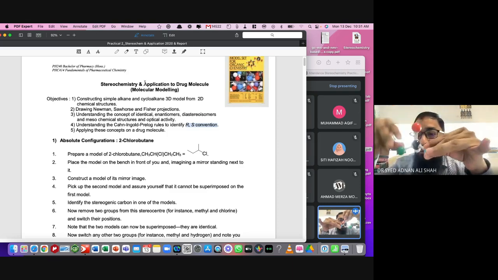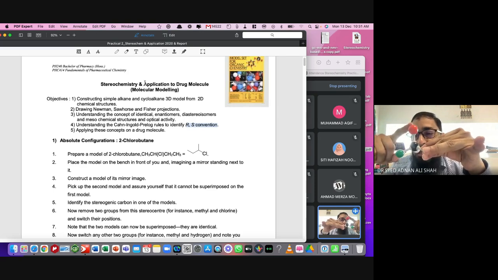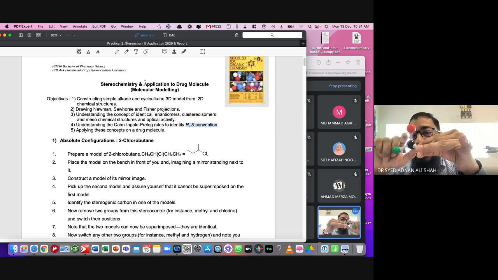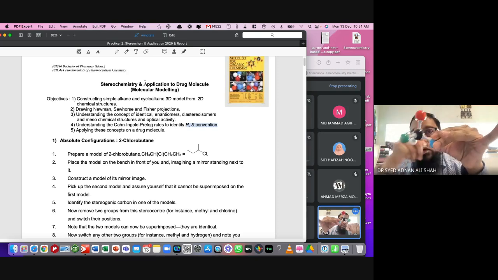Then this one is the bromine, this one is the chlorine, and this one is the fluorine. Now with the priority levels, we have to assign the stereochemistry of this carbon, whether R or S. So how do we go from 1, 2, and 3?